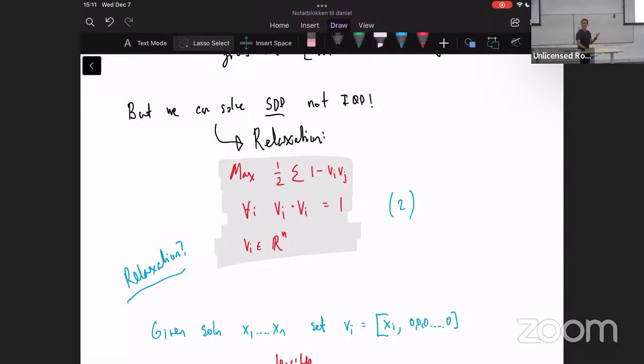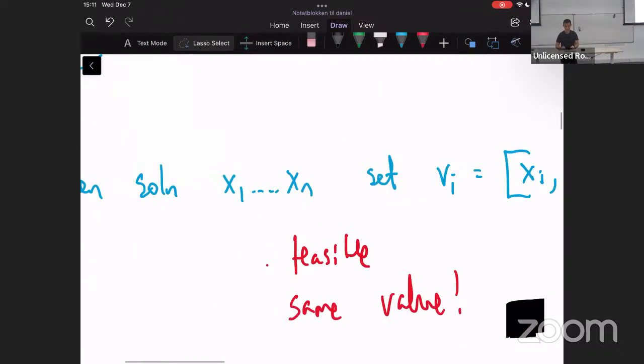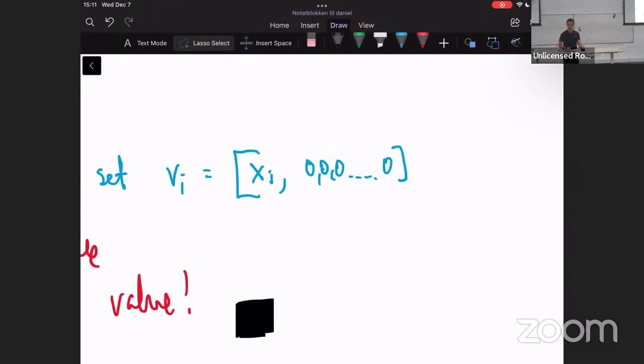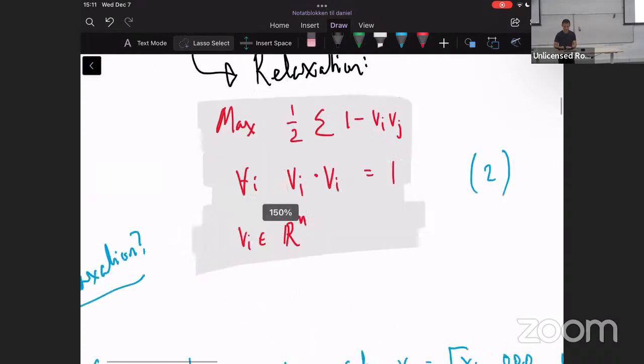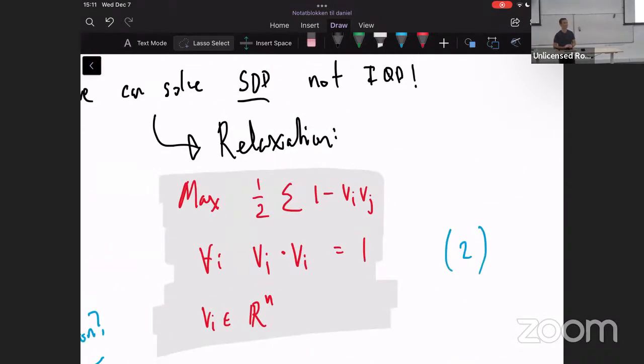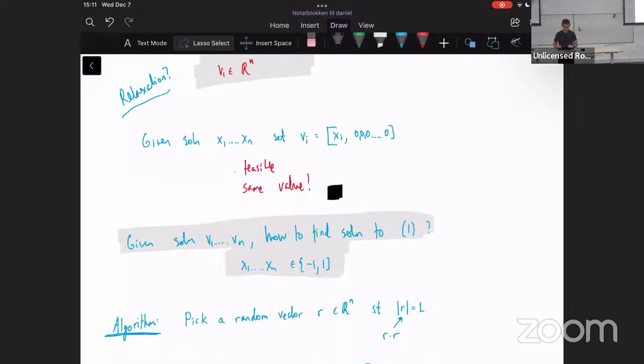So what I'm going to do is, if I have a solution x1 through xn to the integer quadratic program, I just set vi to be xi in the first coordinate and 0 everywhere else. Now observe that vi.vi is equal to 1, and 1 minus vi.vj is 1 minus xi xj. Cool.